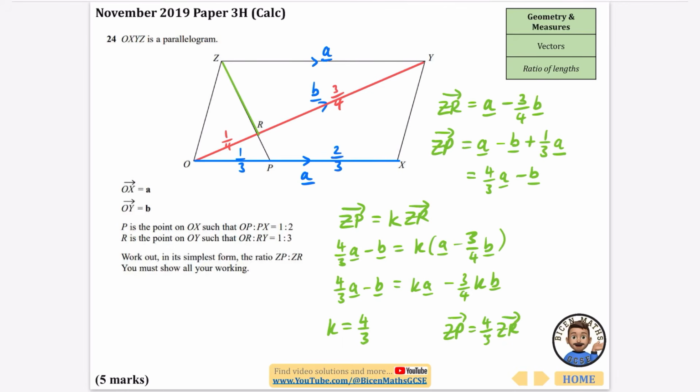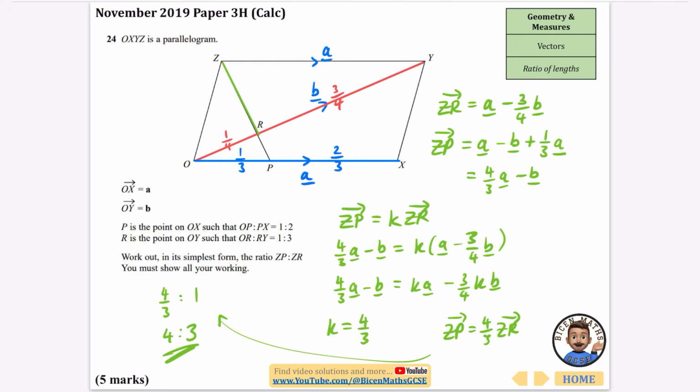And we want to find out the ratio of ZP to ZR. So ZP is 4/3 and ZR is 1. If I times them both by 3, I get 4:3. So that last bit just finishes up here. My ratio is 4:3.